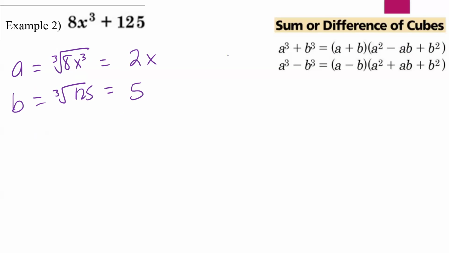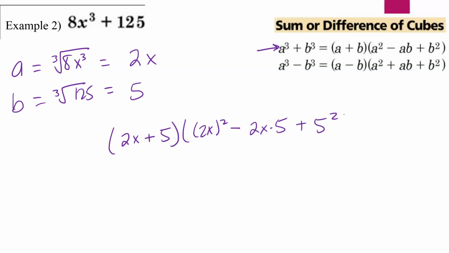Now I have my A and my B, and which rule am I plugging it into? The first one. So A plus B times A squared minus A times B plus B squared. So notice, if you're good at mental math, can you simplify as you're doing it?